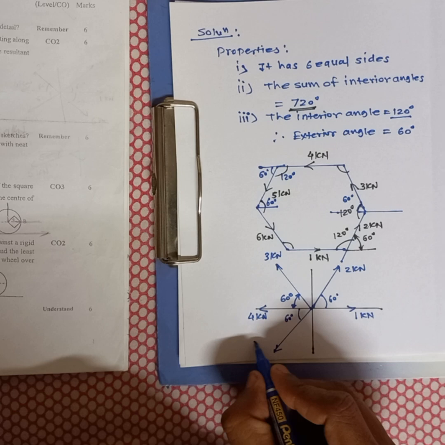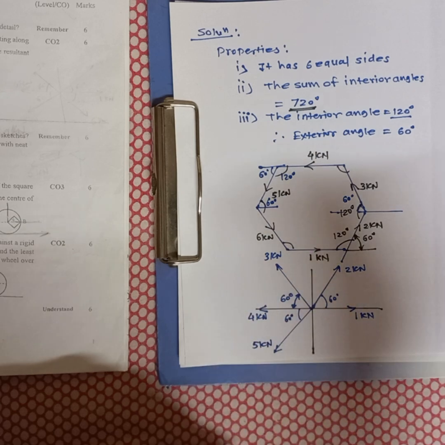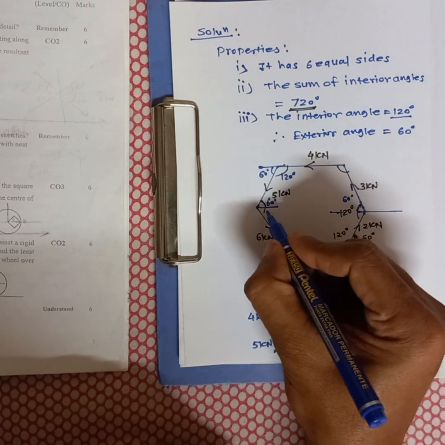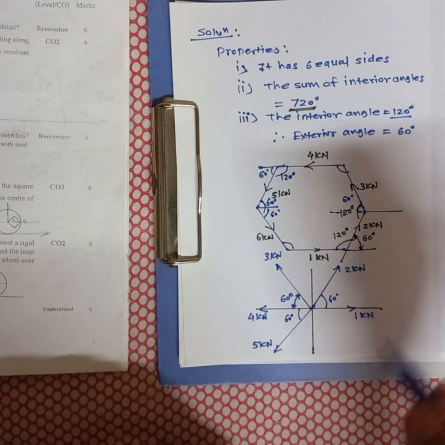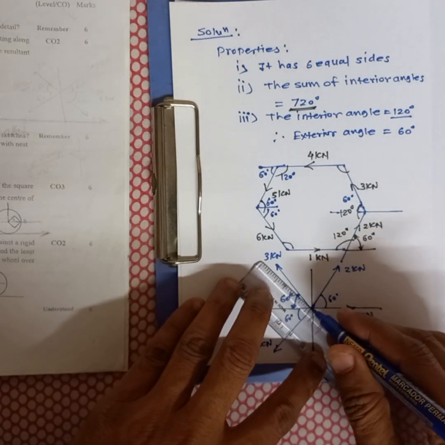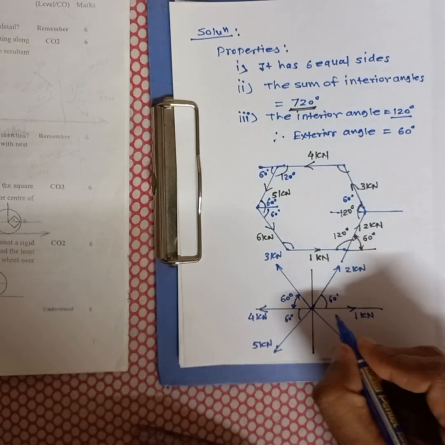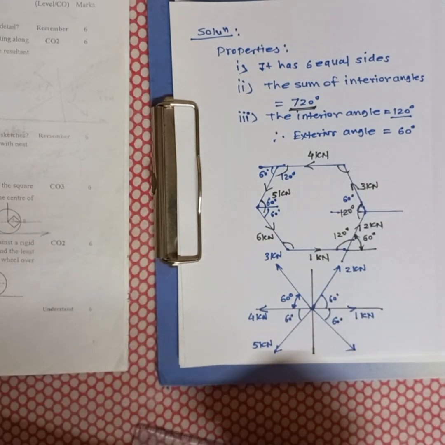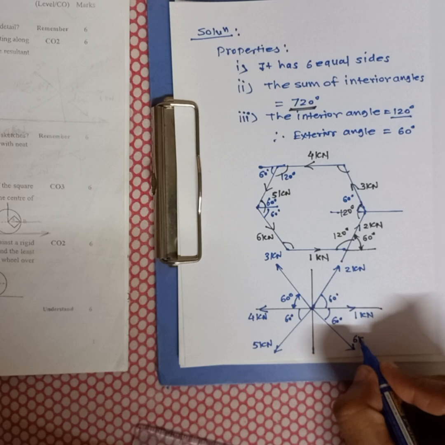I hope it is clear. 5 kilonewton. And the last force is 6 kilonewton, and it is with respect to horizontal 60. So I can show here with respect to horizontal 60 degree, and this is 6 kilonewton.